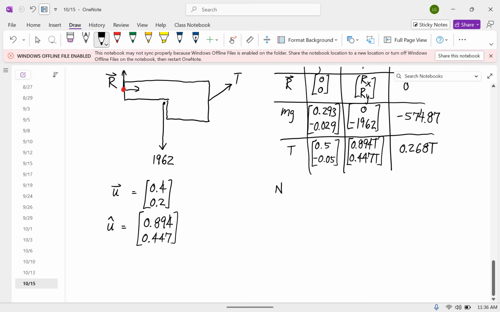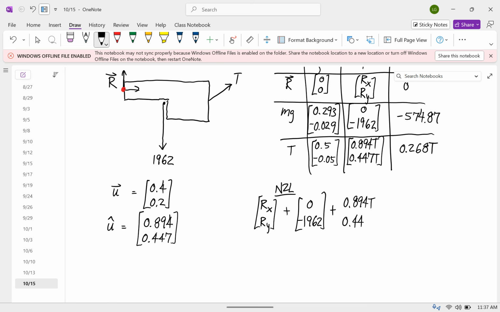So now Newton's second law says Rx, Ry plus 0, negative 1962 plus 0.894 t, 0.447 t is equal to zeros.